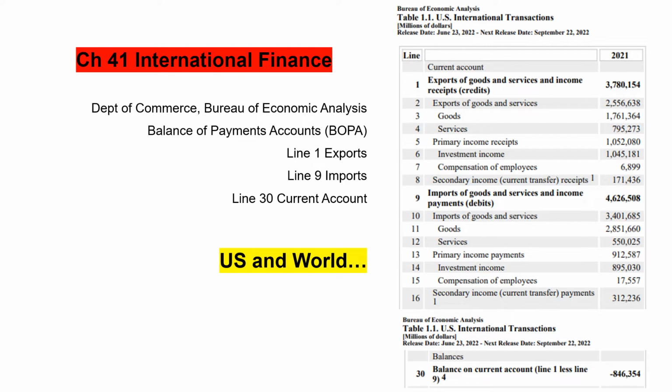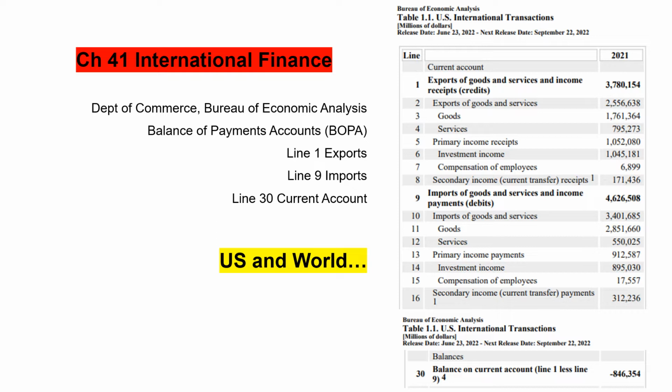The difference between the two is on line item number 9, the balance on the current account. The current account is not just the goods and services, not just the trade account, if you will, but it also includes some other investment income and income receipts.